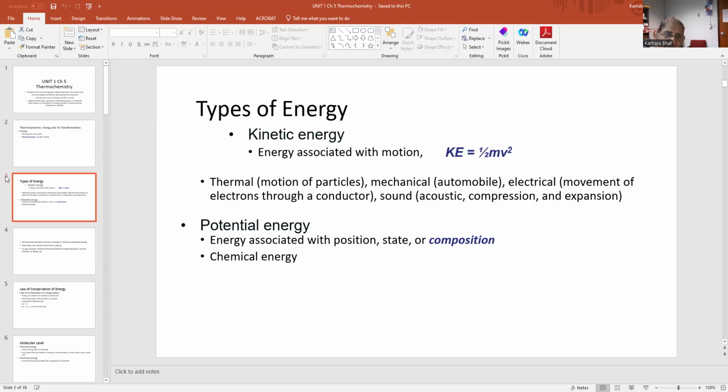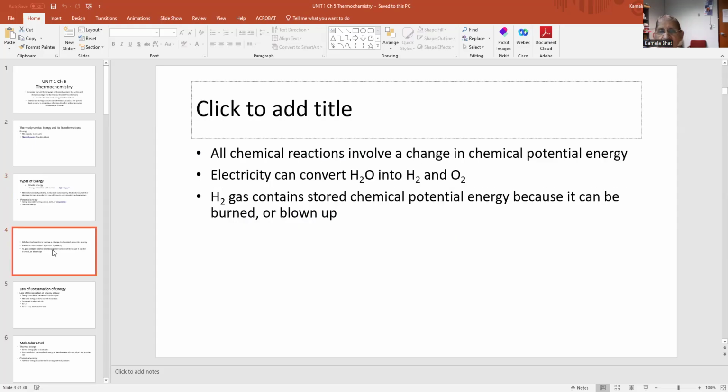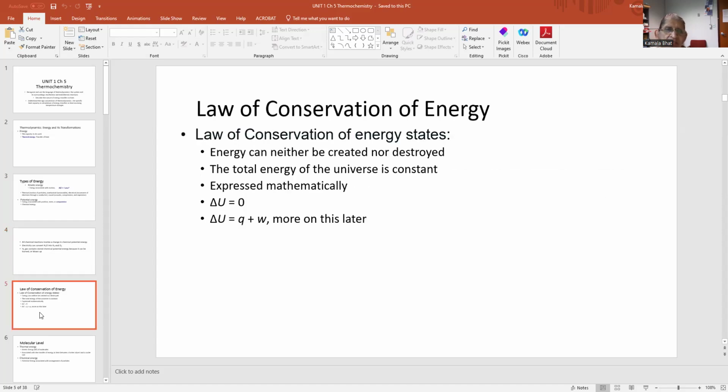Now, the next thing we have to remember is that when energy is transformed, all the transformations take place in the form of heat, and heat can be measured. So when we do chemical reactions, we are changing basically the chemical potential energy that is there.